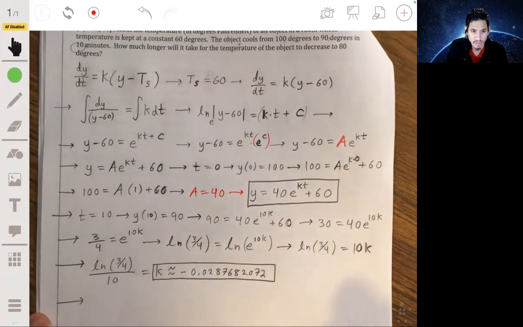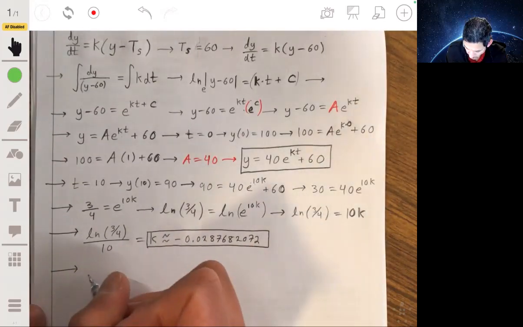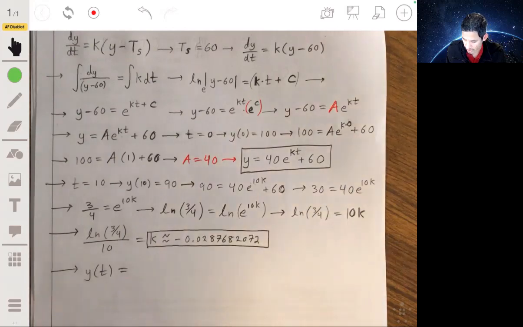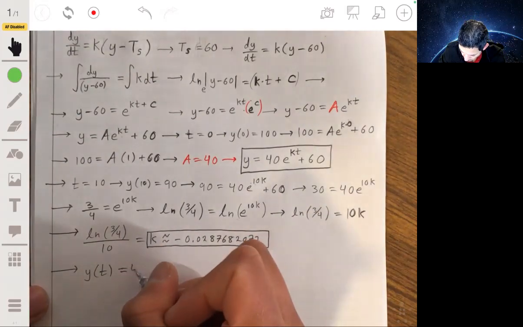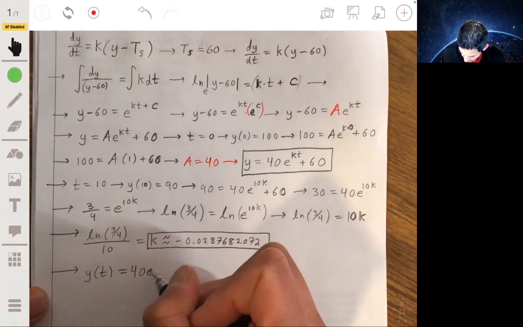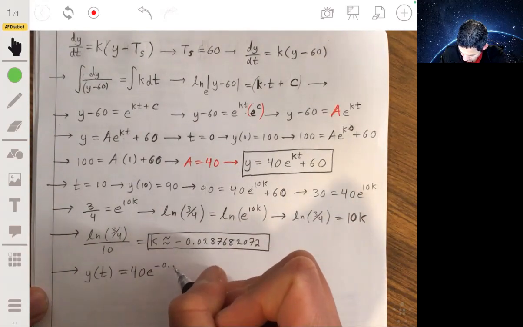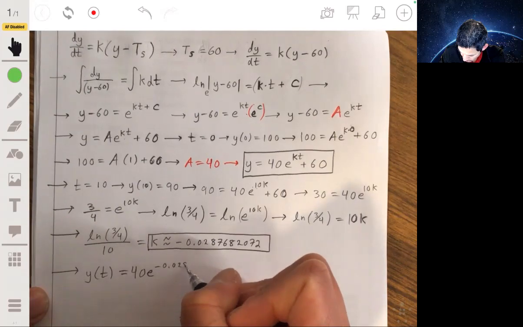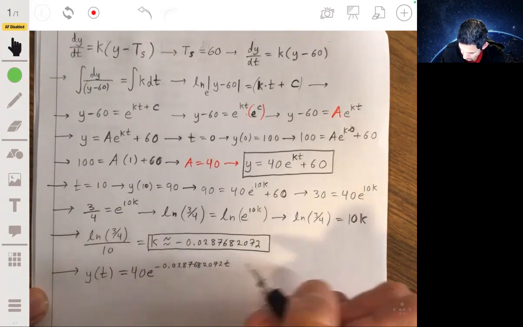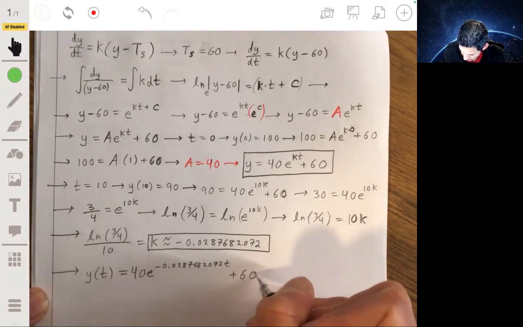Okay, so now I can write my function, and let me write y of t officially as 40e, replace the k with this, 40e to the negative 0.0287682072t plus 60.